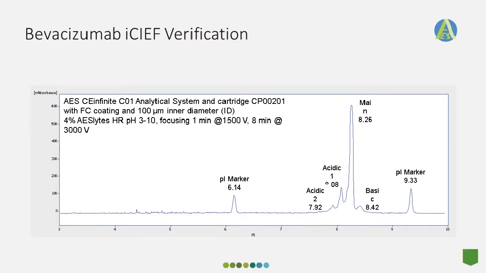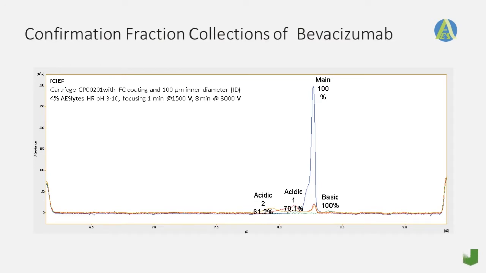This figure shows analytical CIEF of a mAb. Based on the same method, we use a larger inner diameter, 320, to fractionate the isomer peaks. The peaks were collected into individual vials, mixed with the isoelectric focusing matrix, and re-injected into the analytical CIEF for peak purity confirmation.